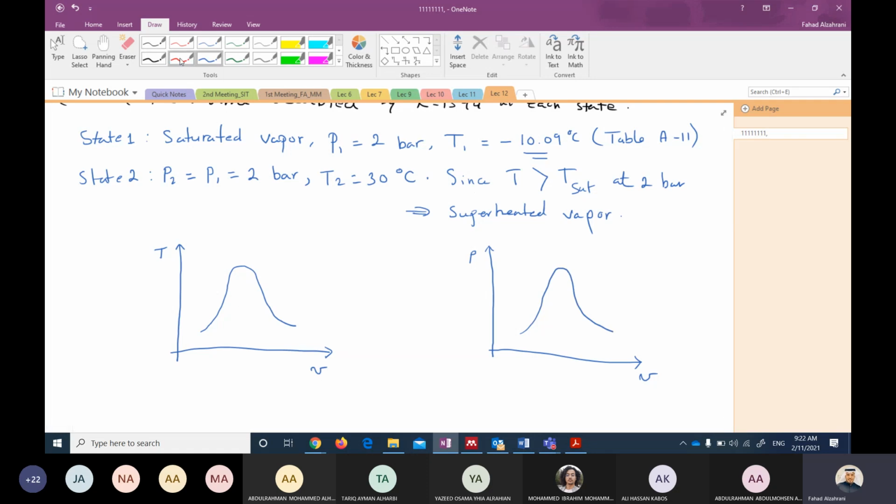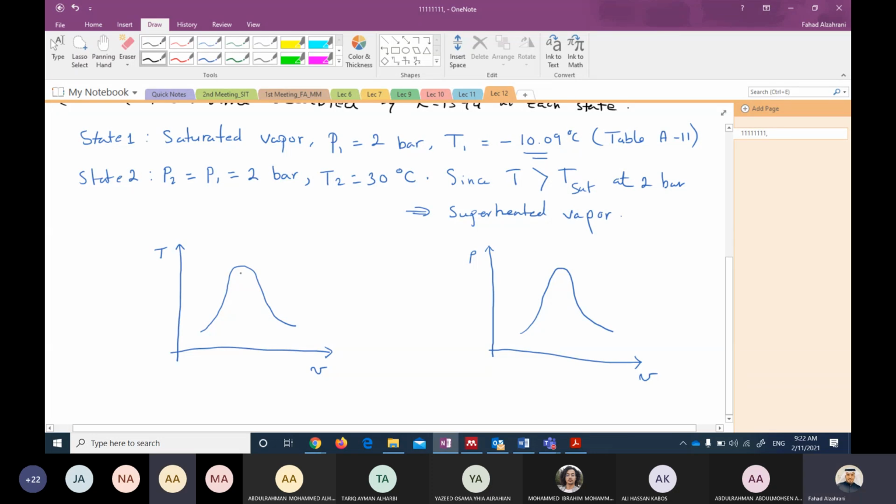What else? Then the saturated temperature. After we plot the dome, the second step is to draw the constant lines. For the T-v diagram, how many pressure lines should I plot?